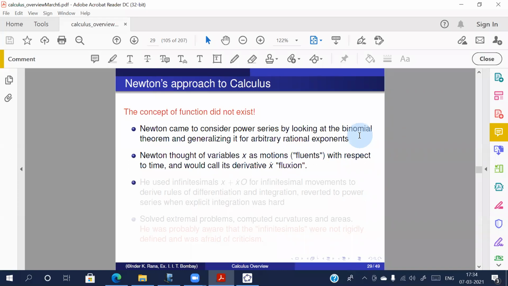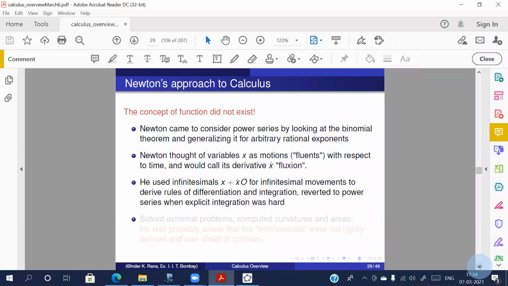Newton thought of variable x as motion. He called these fluents with respect to time, and would call its derivative x dot, the fluxion, the rate of change.